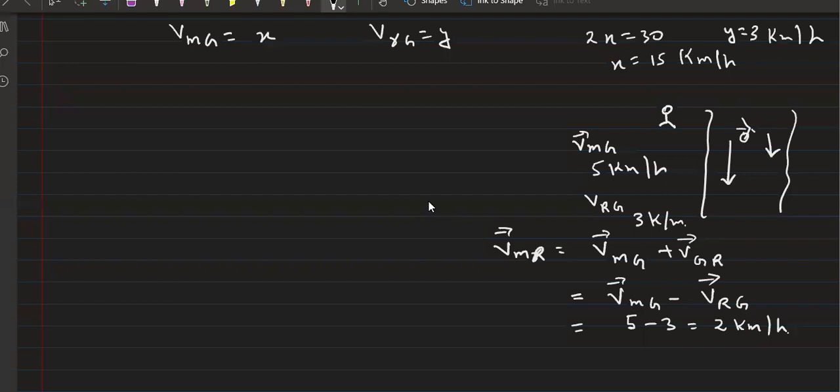Yes or no? Because you will add both the speed of river as well as the speed of man with respect to river. Got it, everyone? Just imagine.